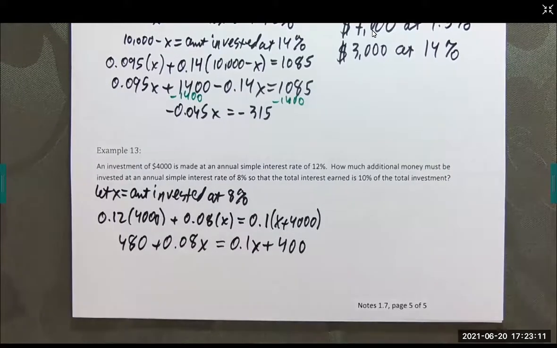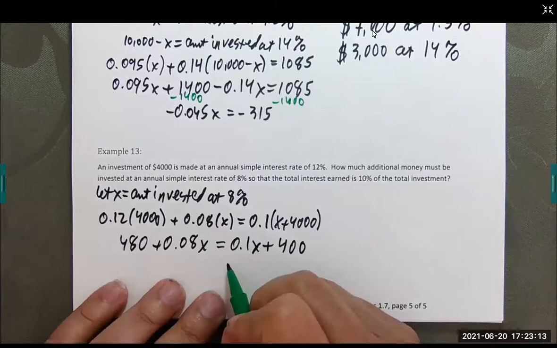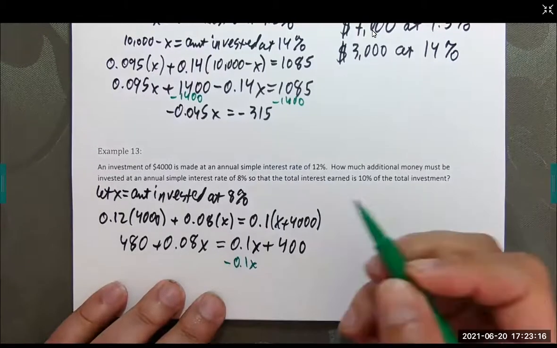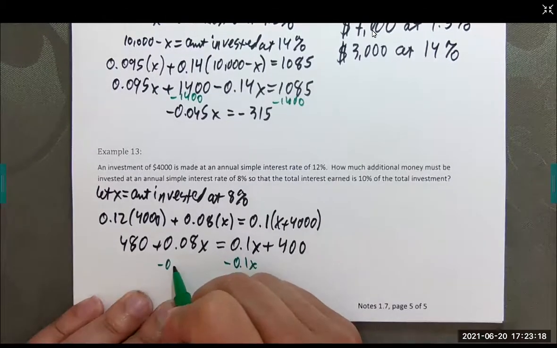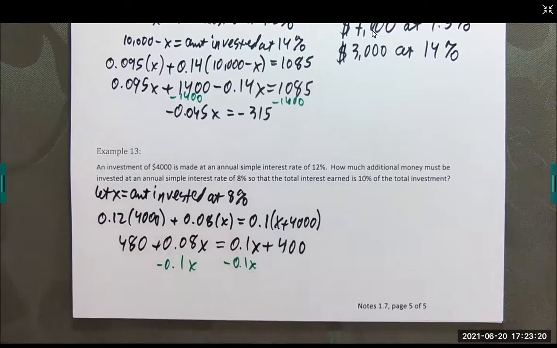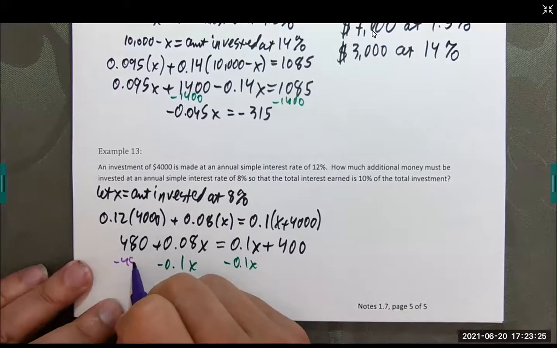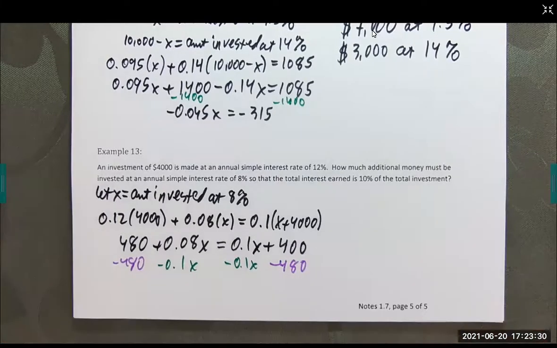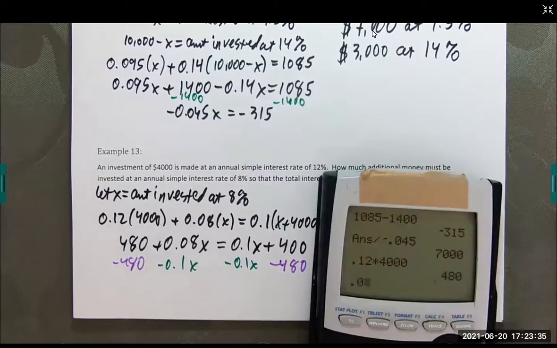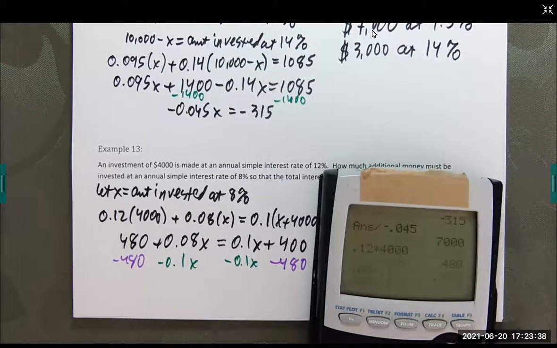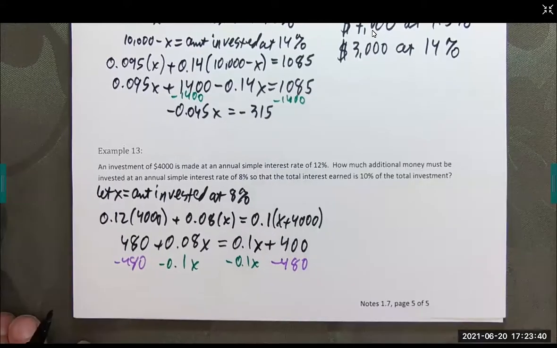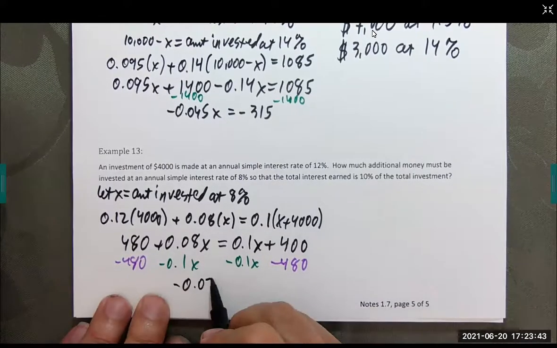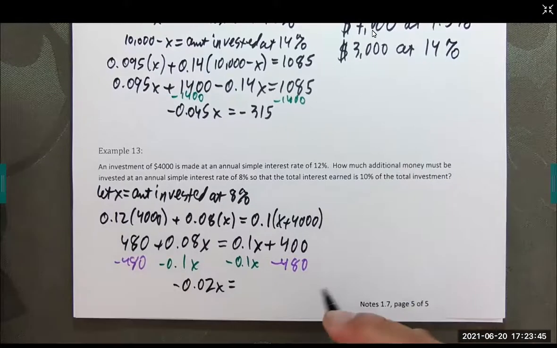And I'm going to do a switcheroo here: minus 0.1x on both sides, and this way minus 480 on both sides. We're going to end up with 0.08 minus 0.1, right? Negative 0.02x equals, and 400 minus 480 is going to be negative 80.